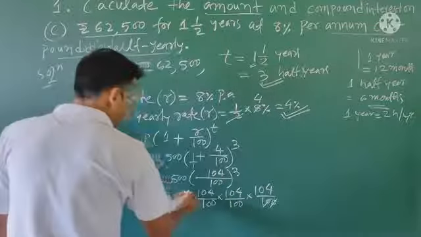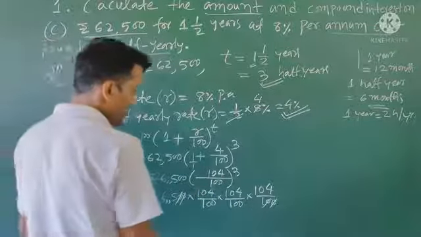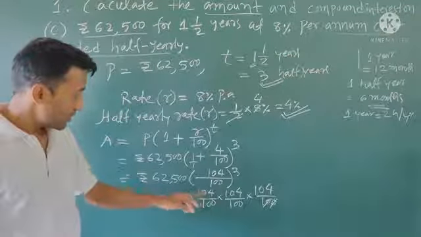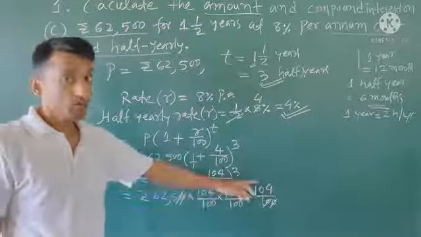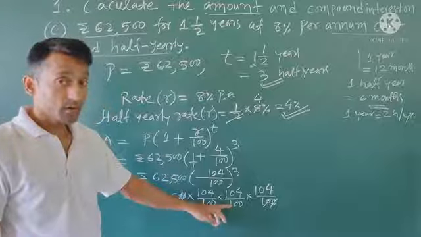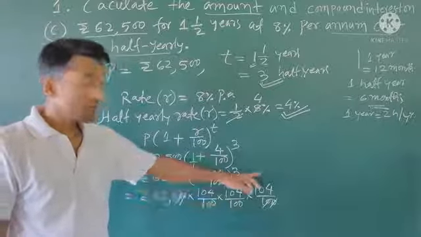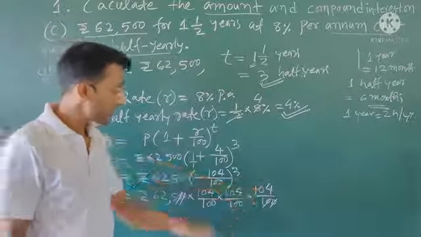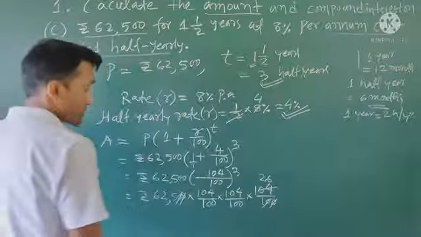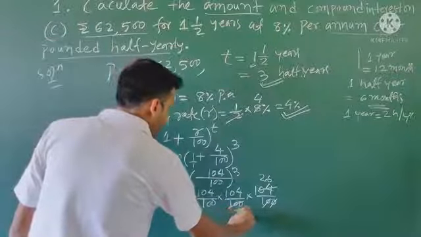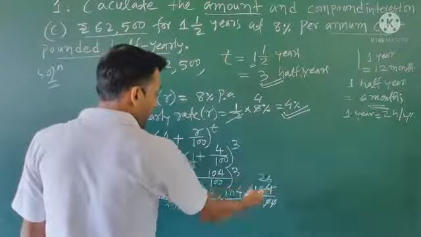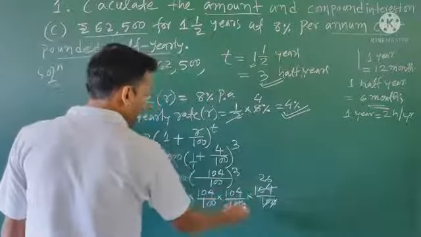Now you cancel these zeros. Now you see, is there any more common factor between numerator and denominator? We know 25 4s are 100, isn't it? 25 4s are 100 and 26 4s are 104. We cancel the common factor between 104 and 100.